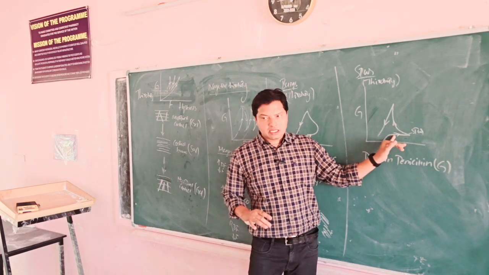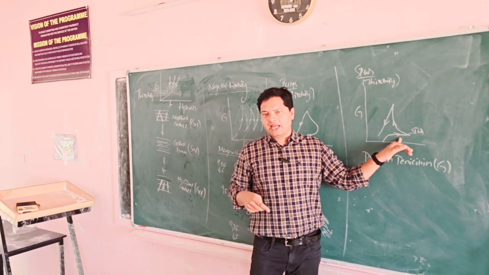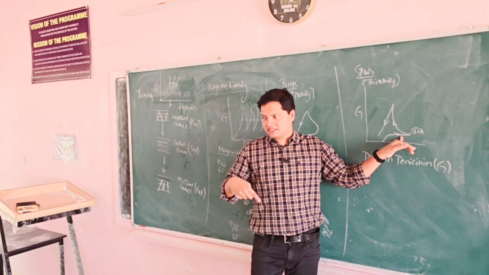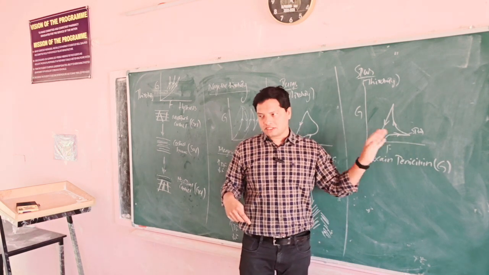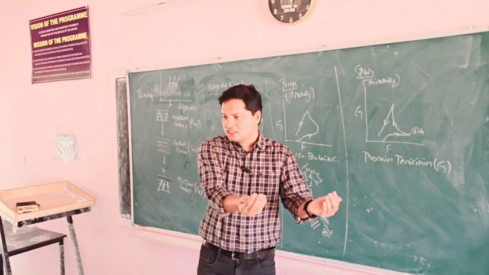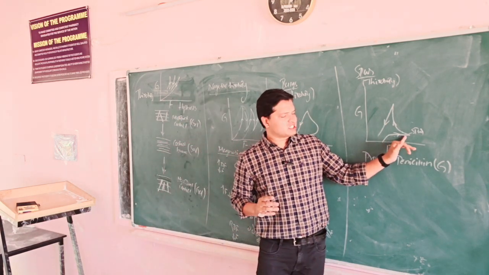Initially I am giving the shear stress. I am feeling resistance, so it is going rightwards. Remember, in the rheogram, if you go towards the right, more resistance, towards the left, less resistance. Initially, I am feeling so much resistance.